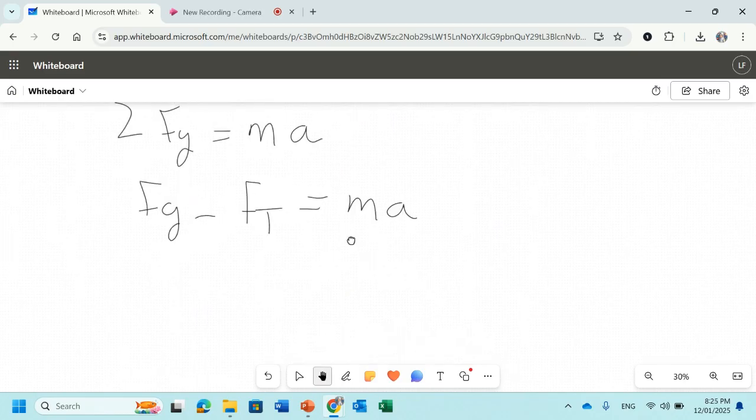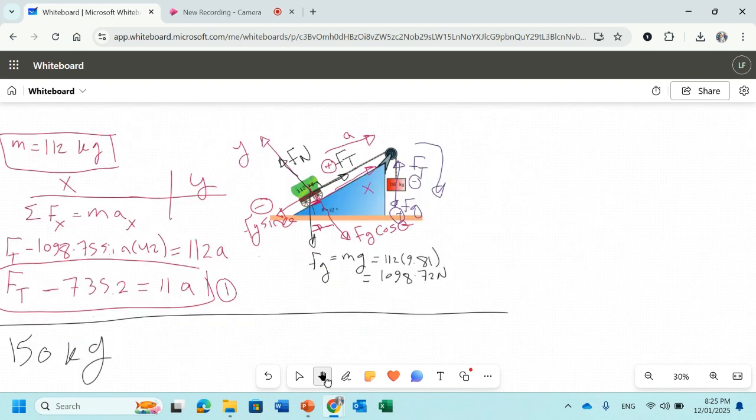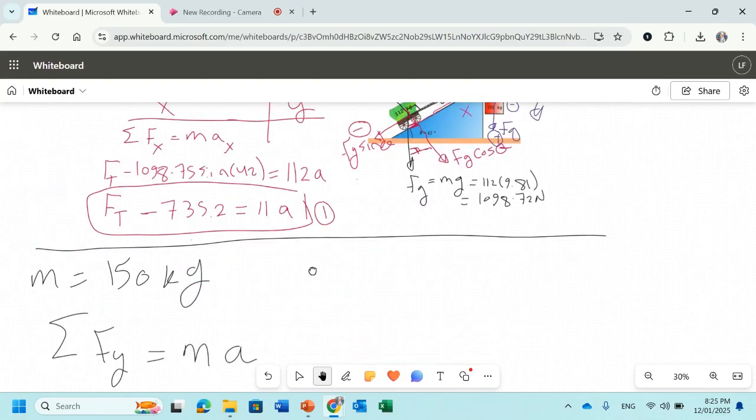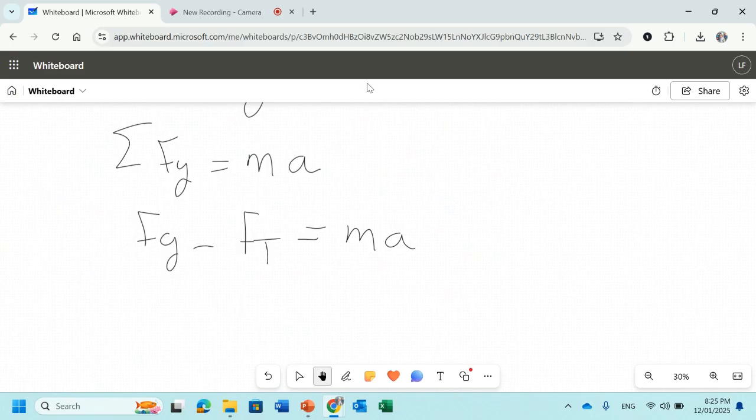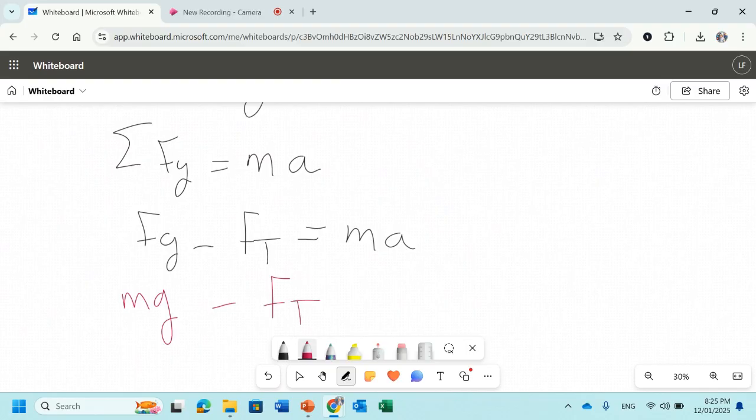Now, the value of Fg for this object, we need to find out first. Fg is the mass of the object times free fall acceleration, so mg minus Ft equals 150a. m is 150, so this is 150 times 9.81.